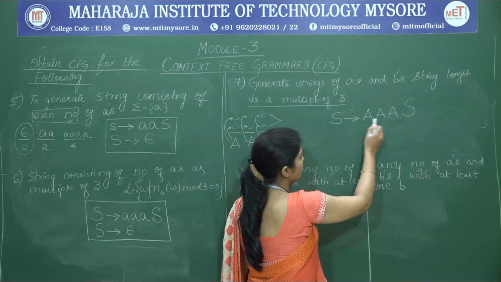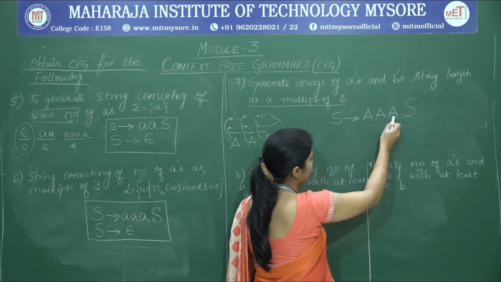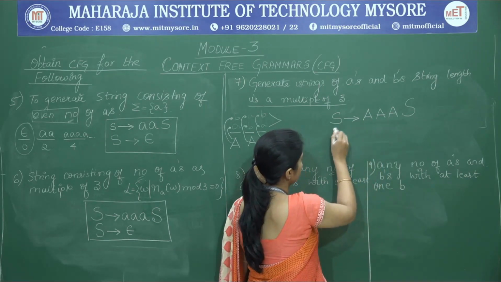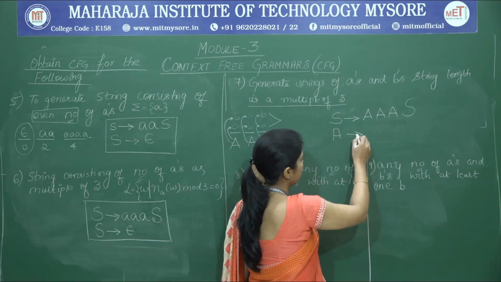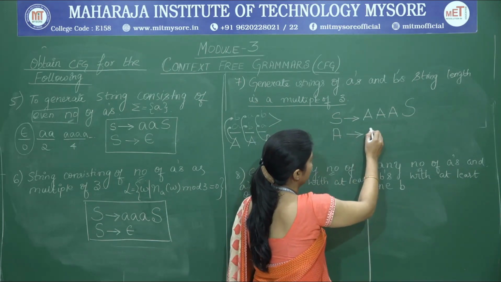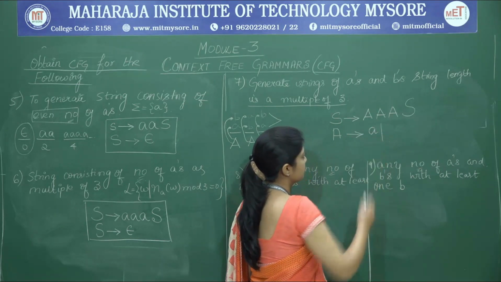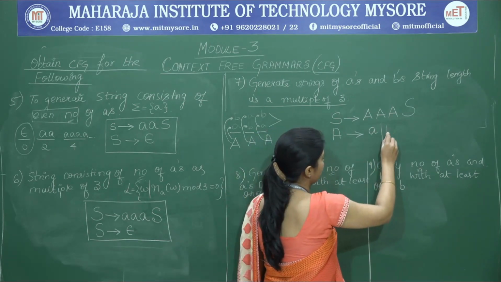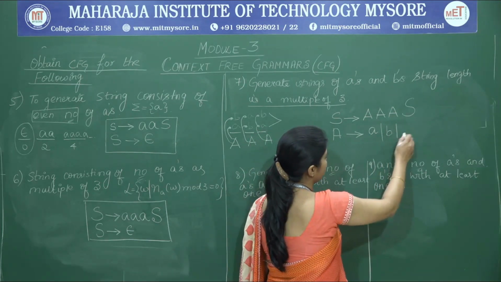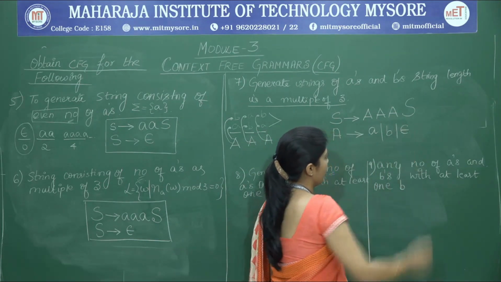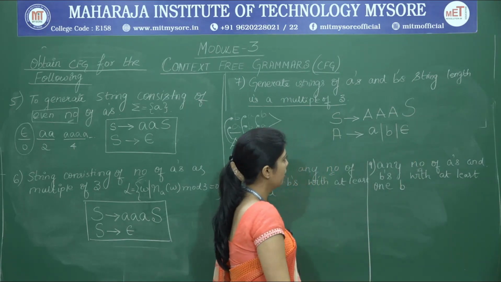So what about the positions which are A here? So this A can either be an A or it could be a B or it could just be an epsilon.